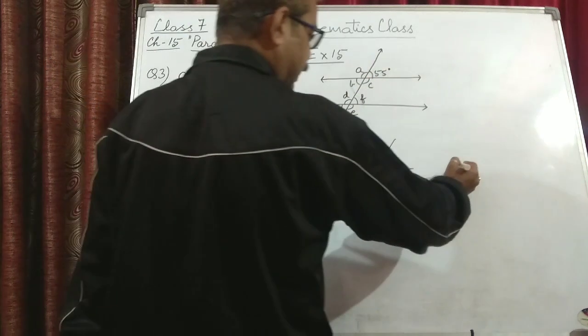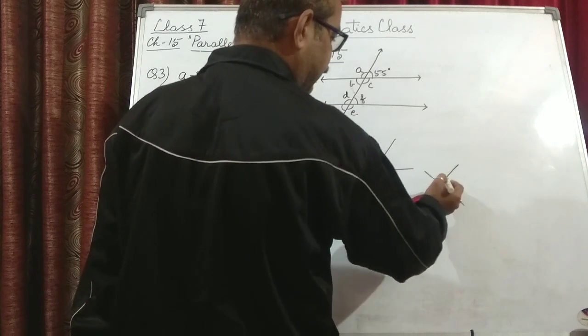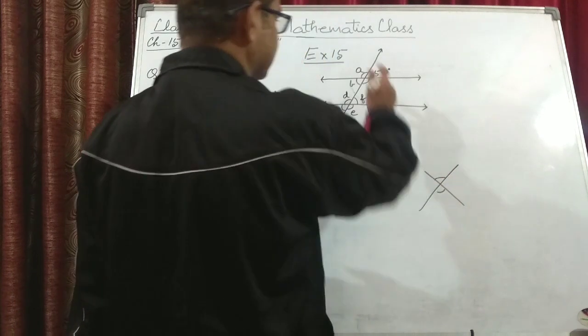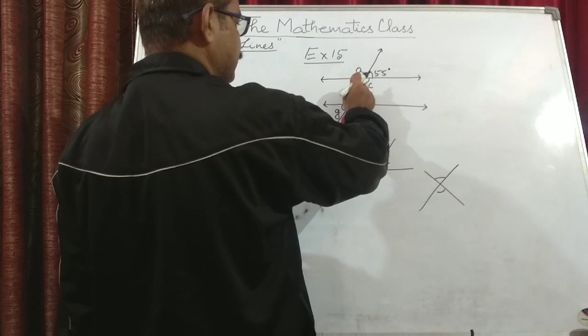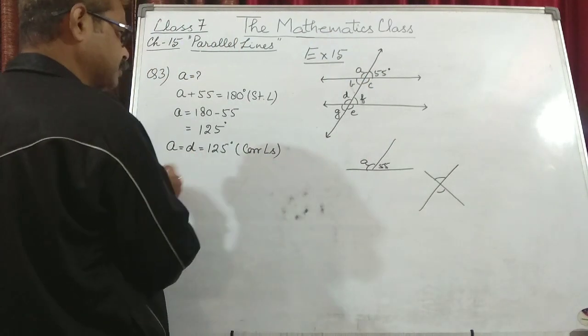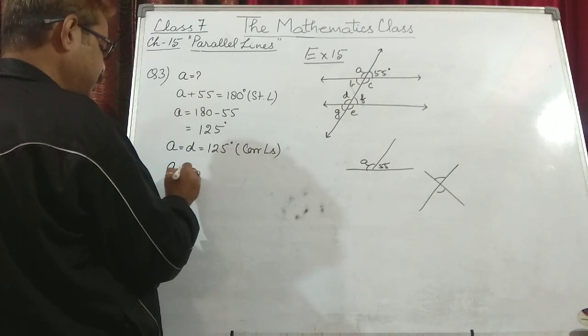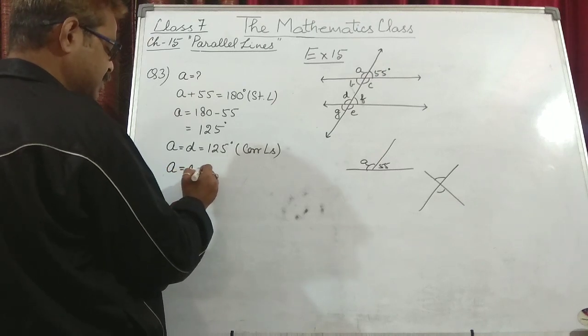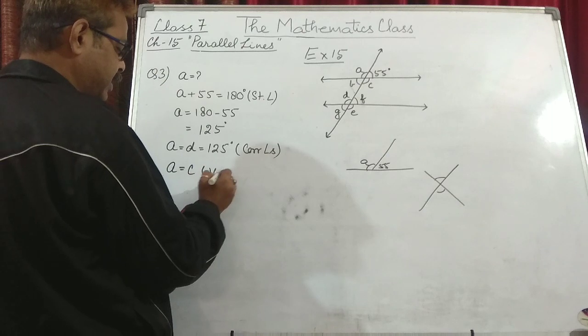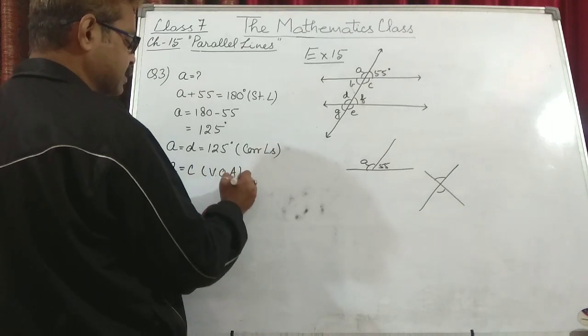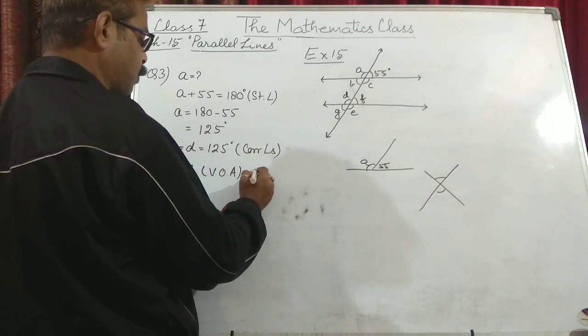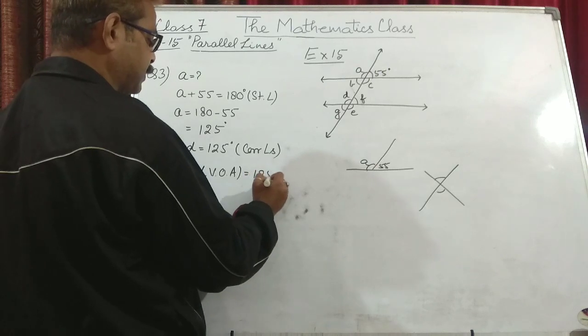Now A and C will also be equal. Why? Because A and C are vertically opposite angles. Whatever is this angle, the same has to be this angle. So A will be equal to C since they are vertically opposite angles, and that will be 125.